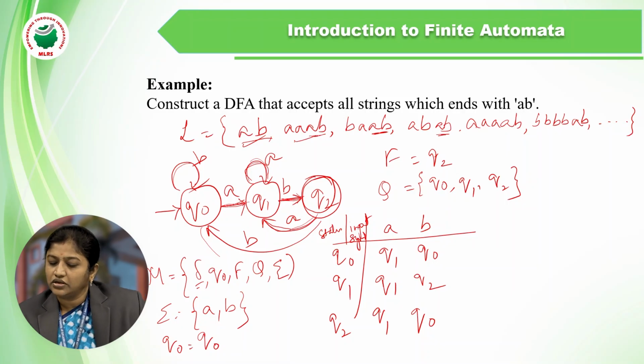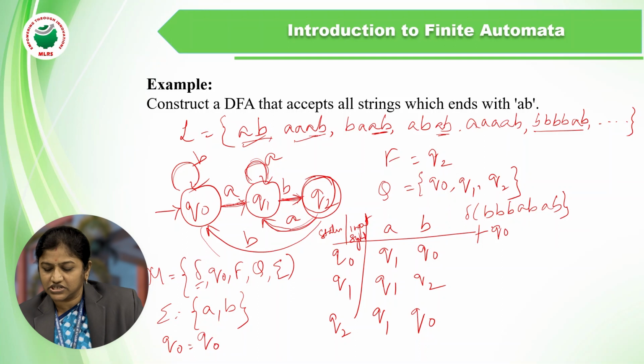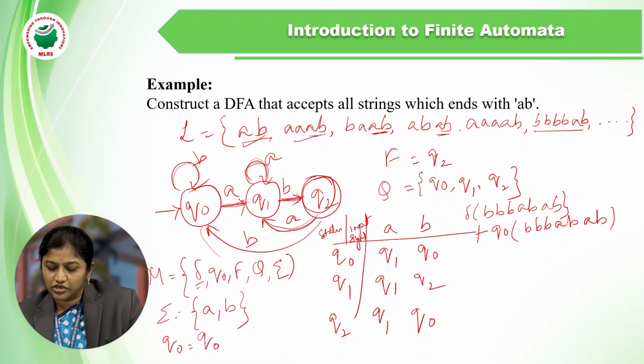We'll take one possible string, any string: B, B, B, A, B, A, B. Now check this. We'll start with Q0 because the start state is Q0, right? Q0 on B is what?